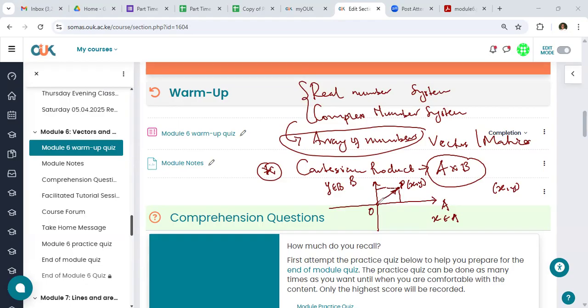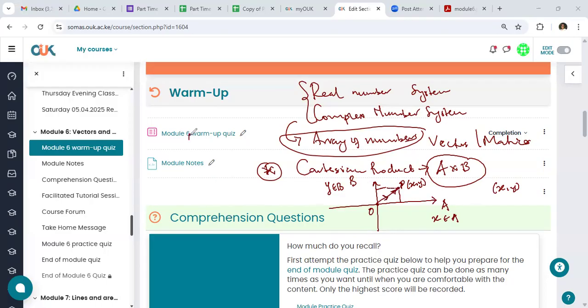Consider a line segment emanating from the point to our ordered pair P. Then the resulting line segment is what we refer to as a vector, and it's directional. We are emanating from a point, but it doesn't have to be from the origin. So this is just the basic representation of a vector.